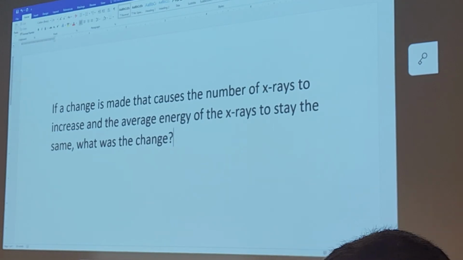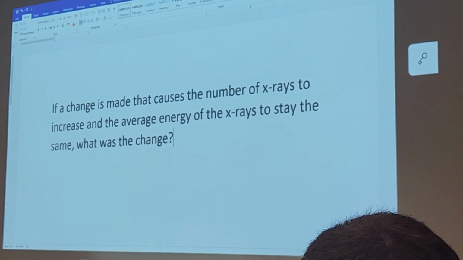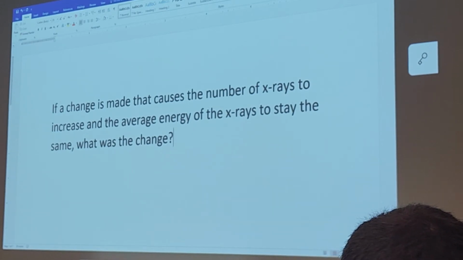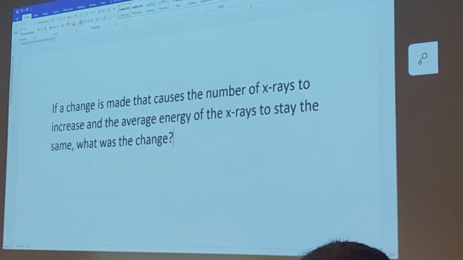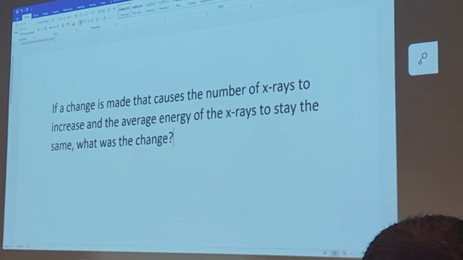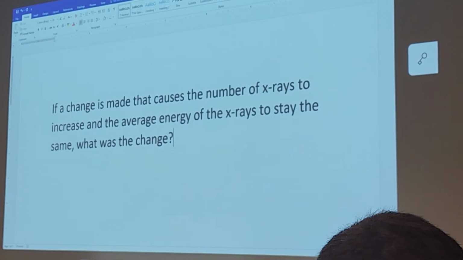Okay, what about the second part of the question? Reagan, now that you saw how that works, the average energy of the X-rays stays the same. What does that mean? With number of X-rays increasing, Carla said that means the quantity increased. So if the average energy of the X-rays stays the same, what does that mean?